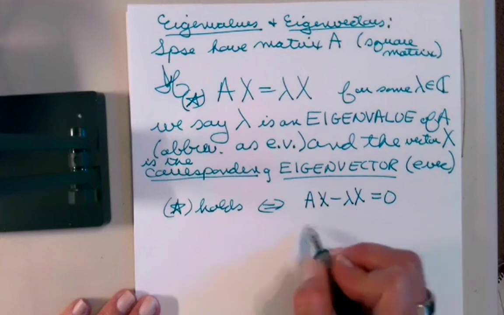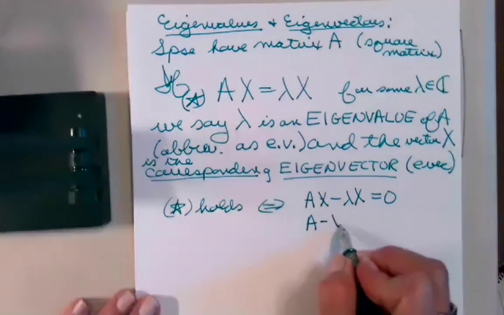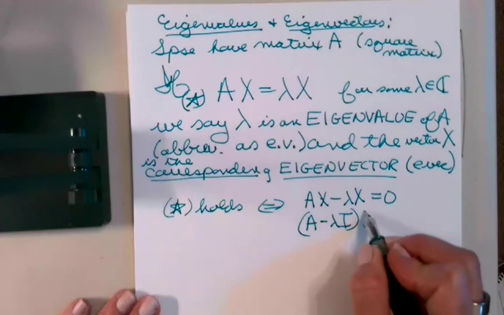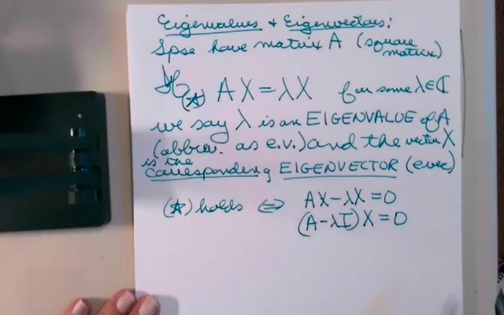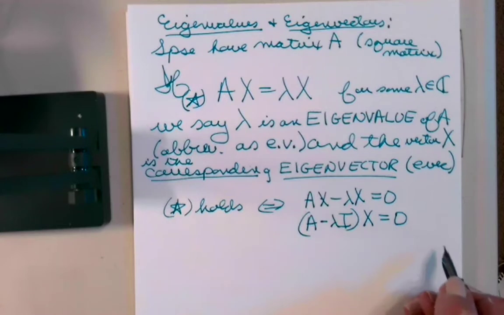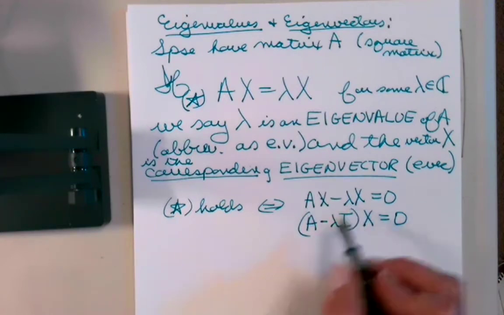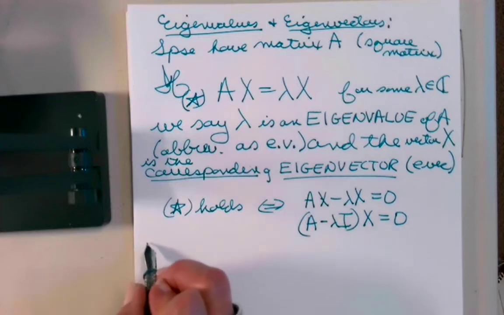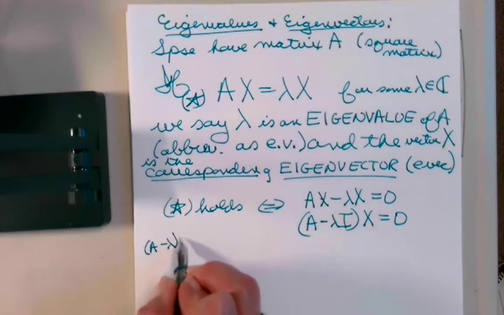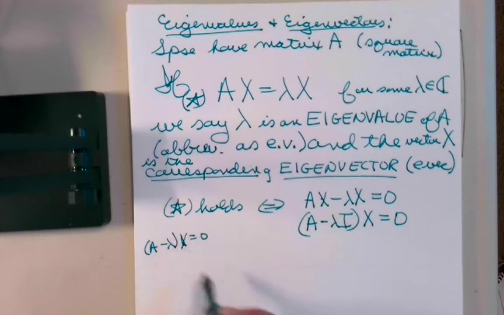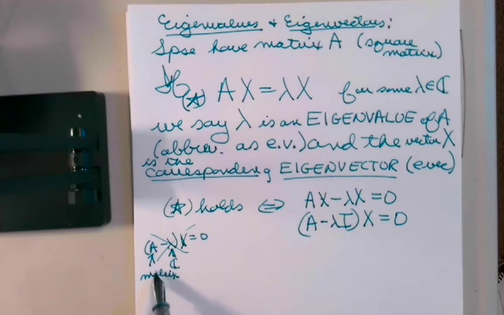And now I can factor, as long as I'm careful with matrices. What do I mean by careful? I need to know my right hand from my left hand. Lambda's on the left. And here's what I cannot write: A minus lambda times X equals 0. Why? Because lambda is a complex number, and A is a matrix, and a matrix minus a number doesn't have a meaning.